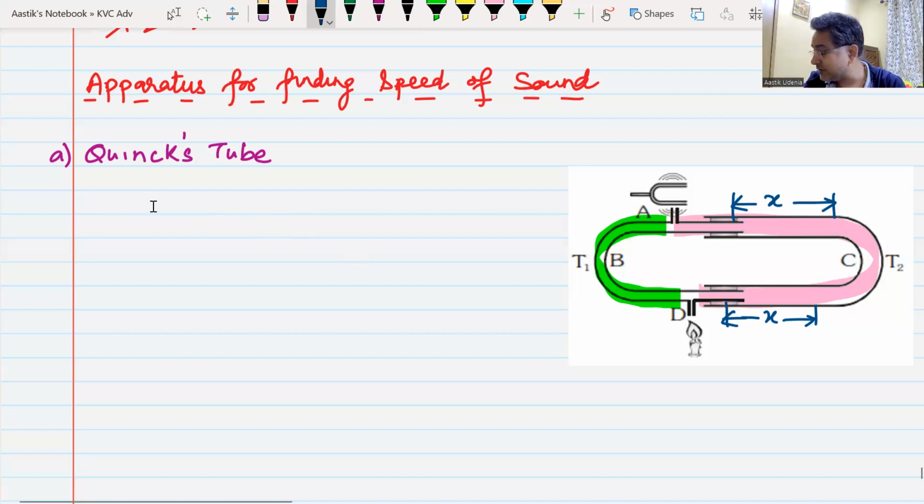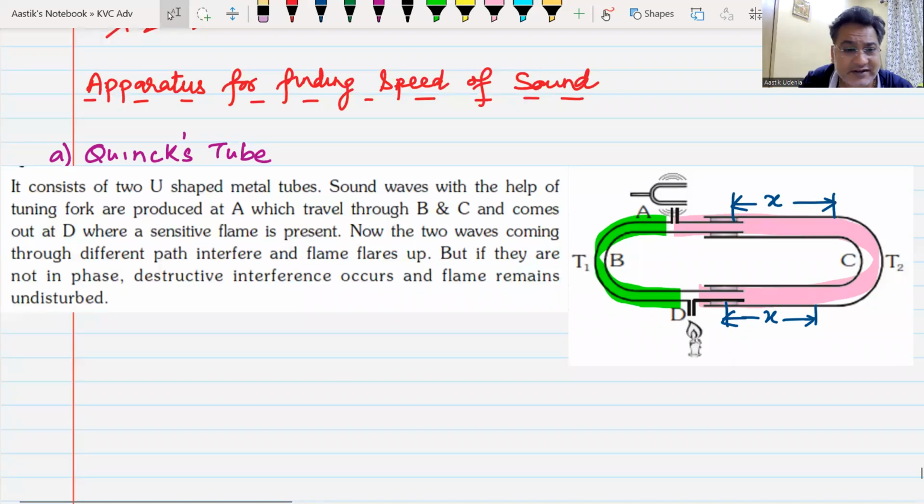This is the description. If you want, you can note down this description of the entire apparatus. You don't have to note it down. It consists of two U-shaped metal tubes. Sound waves are produced with the help of the tuning fork at end A, travel through B and C, and come to point D, where a flame is present.